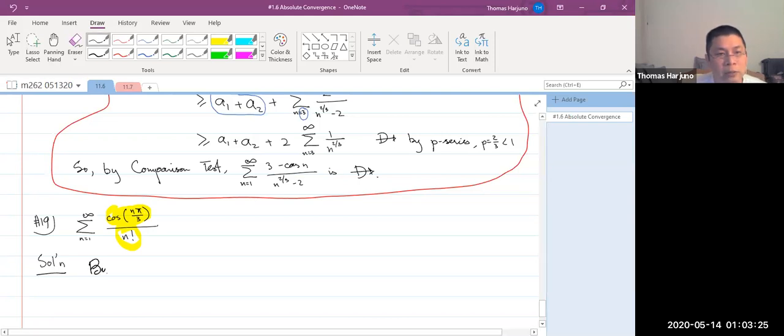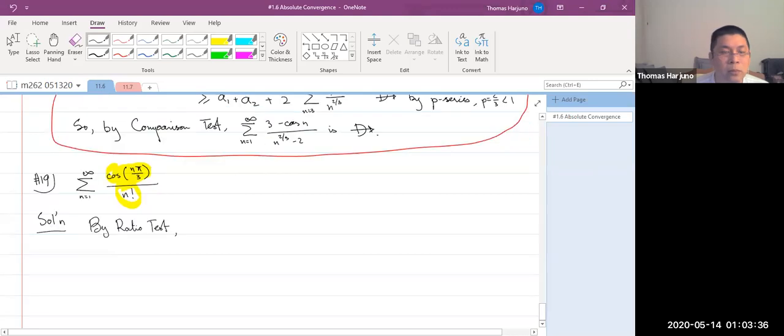By ratio test, the absolute value of the next term over the current term is equal to the absolute value of cosine of (n plus 1) pi over 3, over (n plus 1) factorial, times the reciprocal of the current term.